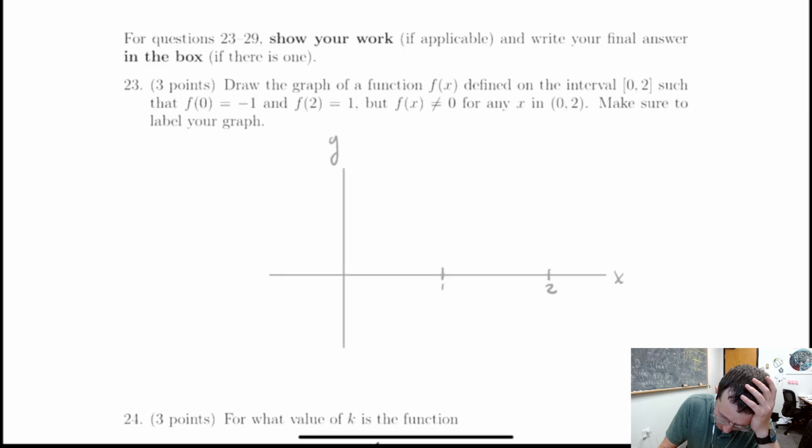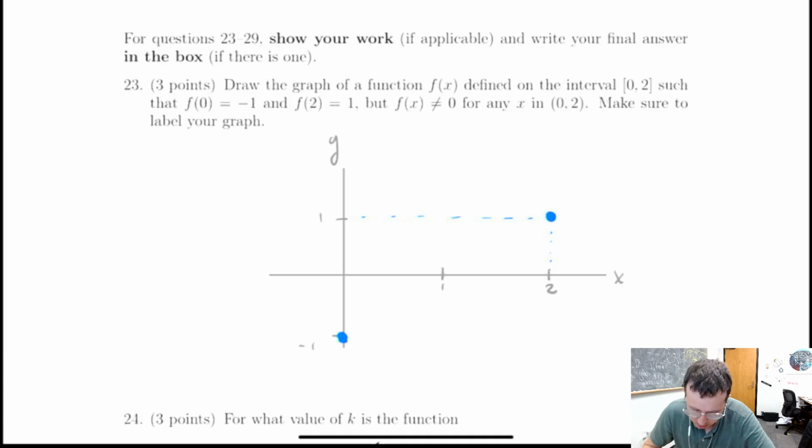Such that f of 0 is -1. There we go. F of 0 is -1, and f of 2 is +1. But f of x is not equal to 0 for any x in the interval from 0 to 2.